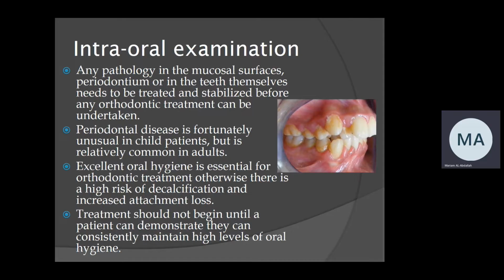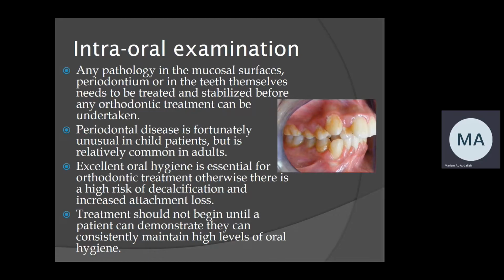Now, fortunately, most of our patients are children, so having periodontal problems is rare. But nowadays, the number of adult patients is increasing because society is more aware of aesthetics. They are more accepting of the appearance of appliances, and demand from this category of patients has increased.